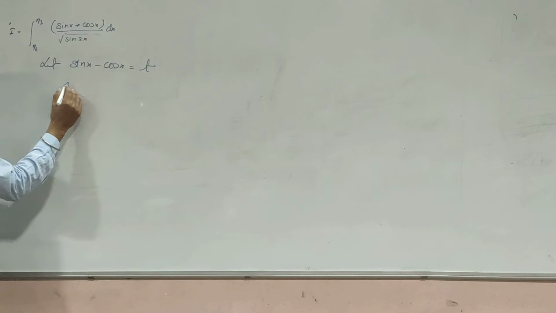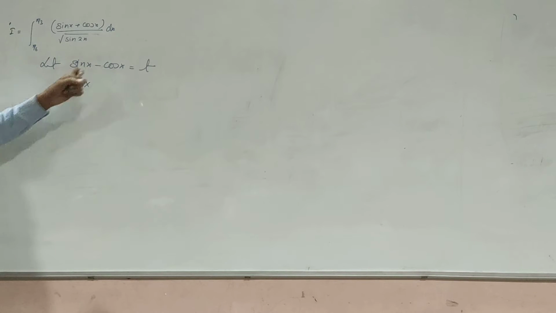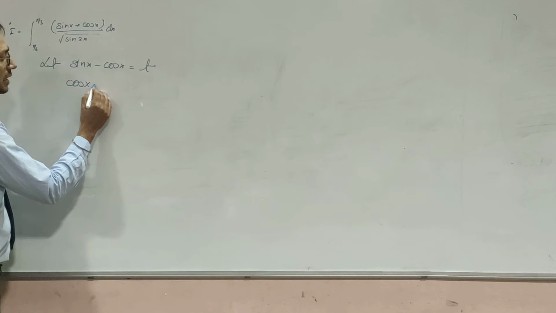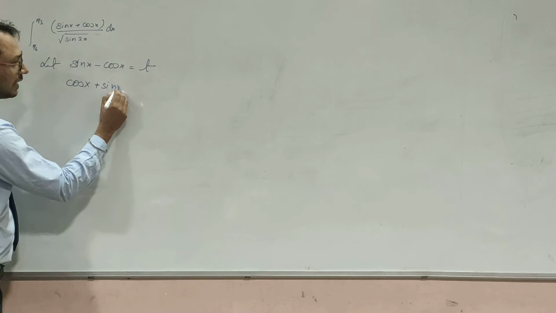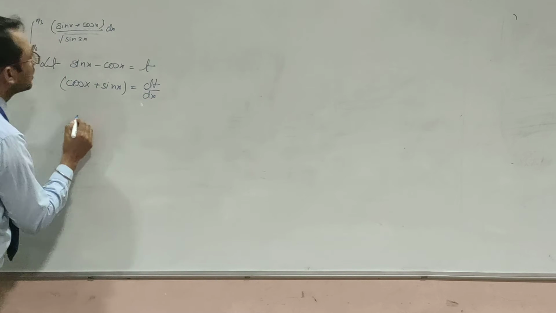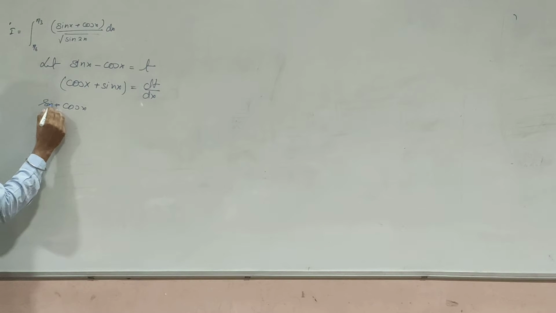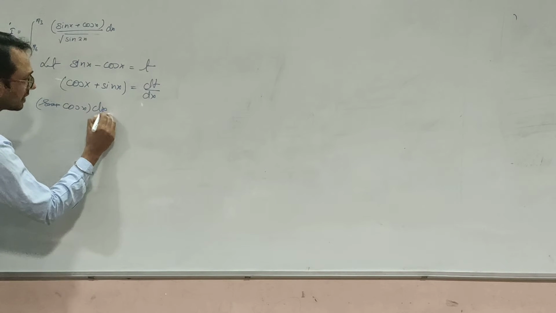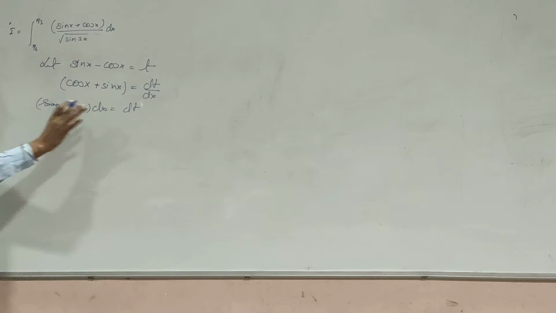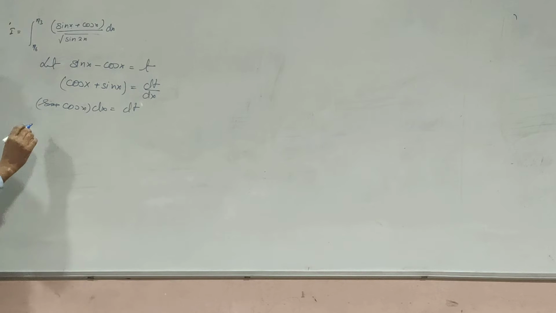The differentiation of sin x will be cos x, and the differentiation of cos x will be minus sin x, so cos x plus sin x dx is equal to dt. Hope we are able to see this. So the numerator becomes dt, but we have not supposed it as t.